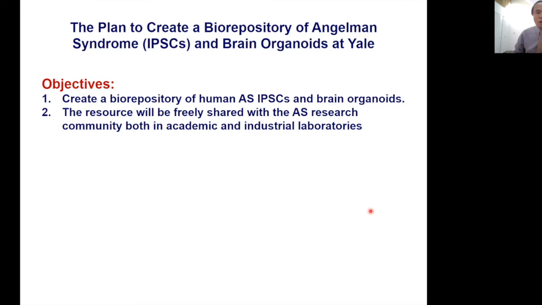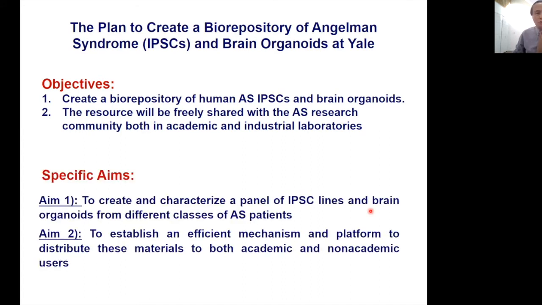So we will create all the different types of iPSC cells first, then later convert them to neurons. The plan is also that the cells generated will be free to any researcher, academic or industrial laboratory, to use.